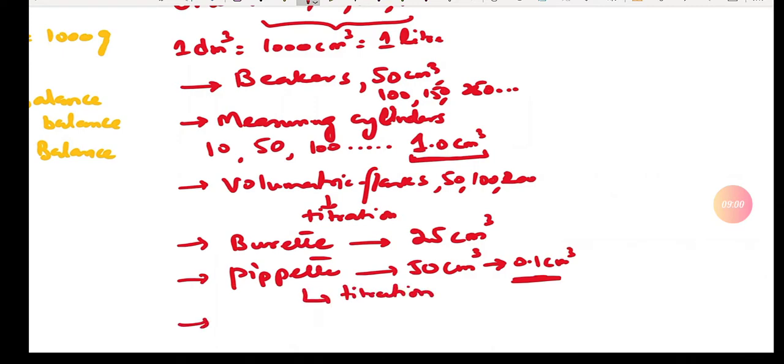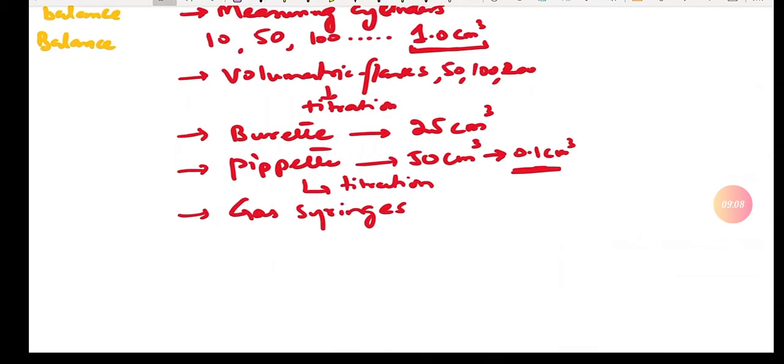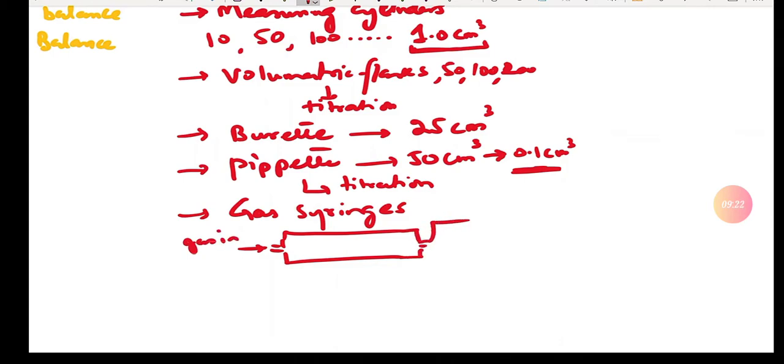Then we have gas syringes as well. If you have ever seen a normal syringe, a gas syringe looks the same. On one side it has an opening for getting gas in, and we have a plunger on the other side. All the volume measuring apparatuses are marked, graduated.